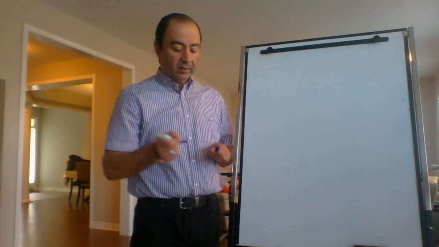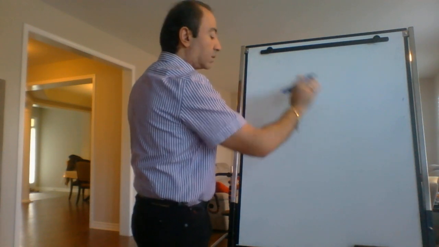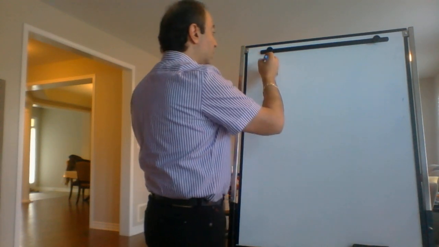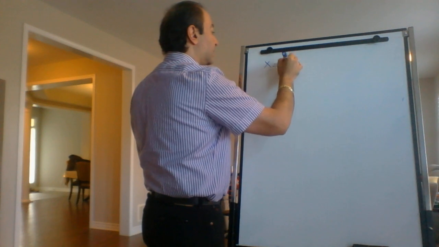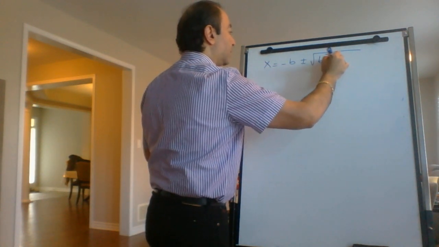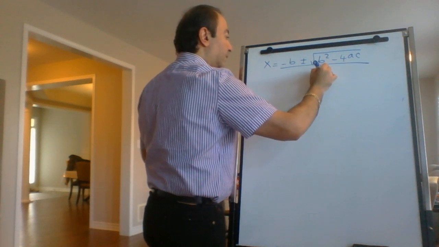Yesterday we started learning about the quadratic formula, which was x equals minus b plus or minus square root of b squared minus 4ac, everything divided by 2a.